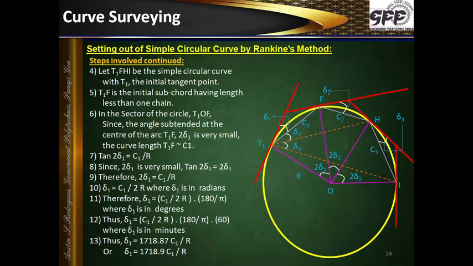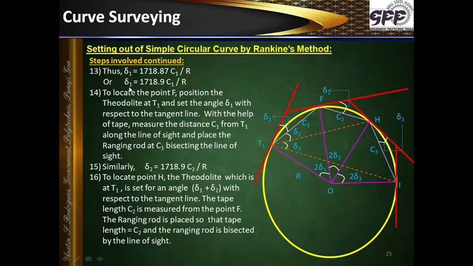Continuing further, we find that's the same line. So delta 1 we have already calculated over here. Delta 1 is 1718.87 C1 upon R. Now to locate the point F, what we do is we establish our theodolite over here at the point T1.